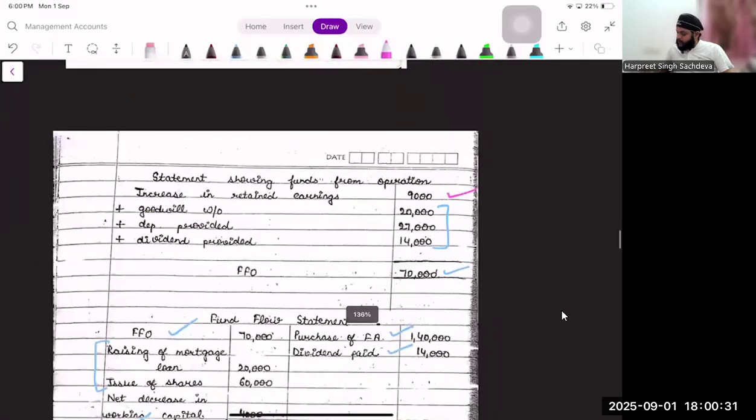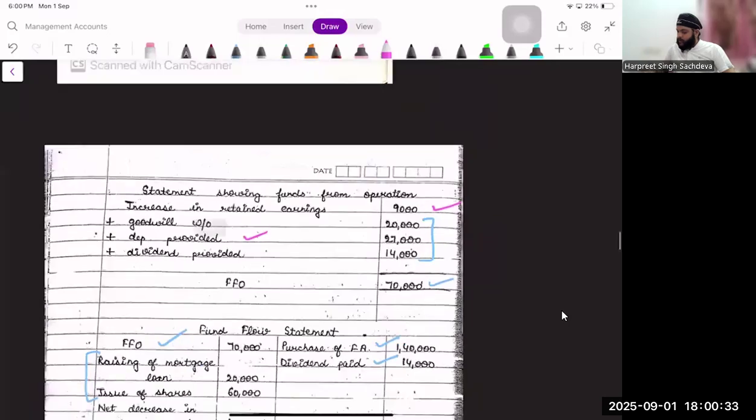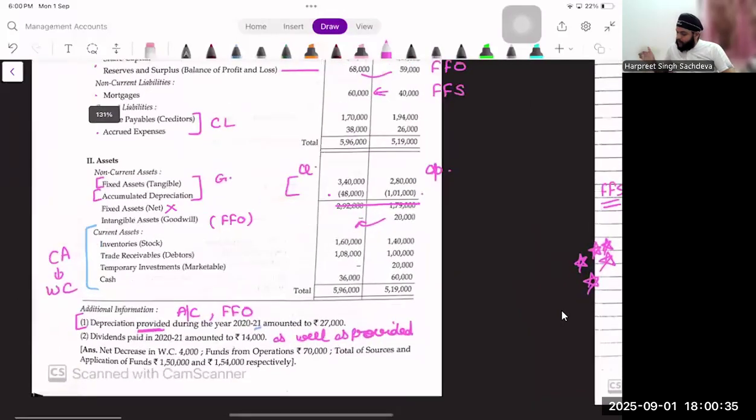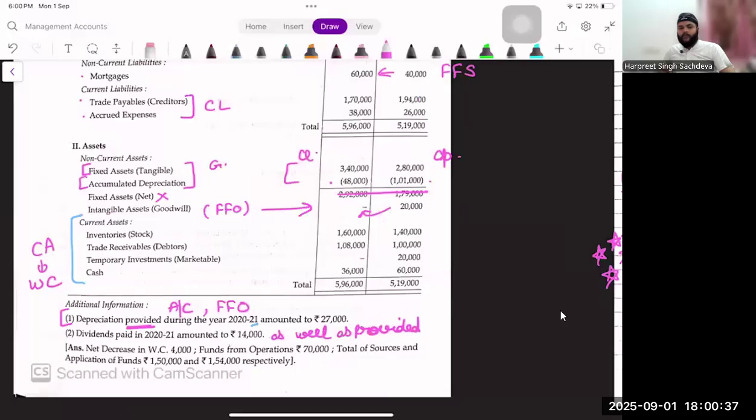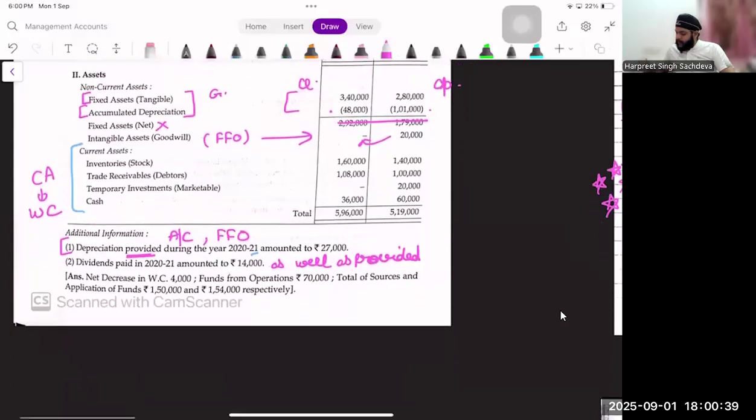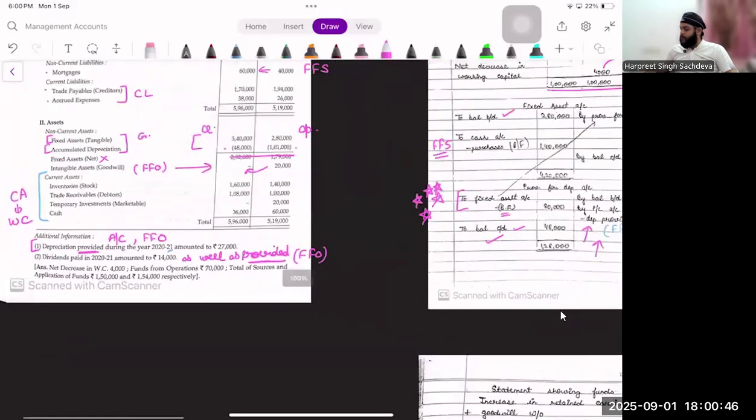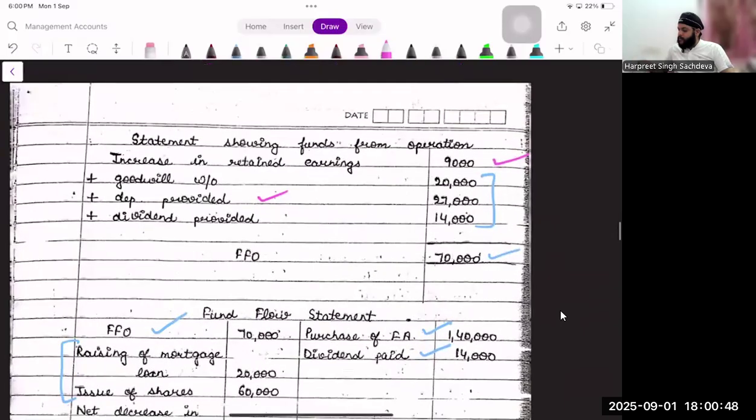FFO add back 27,000. After that, look, we know goodwill written off of 20,000 will also be added, and dividend paid as well as provided will also be added in the FFO. So we have discussed all the points in the basic discussion of the question.